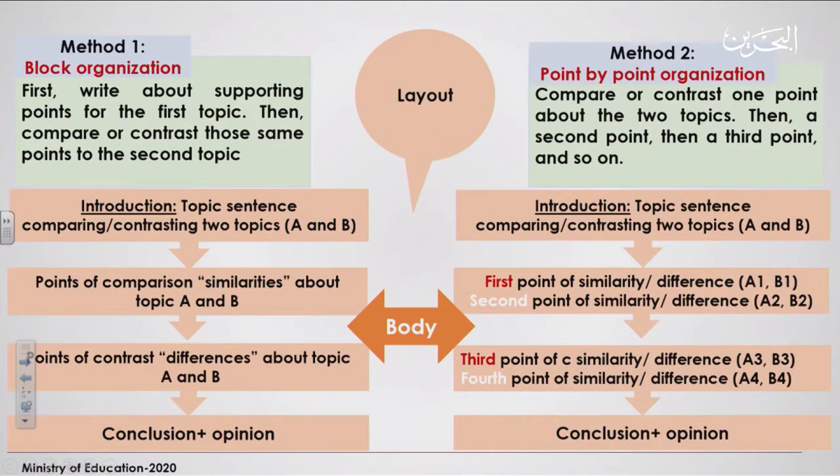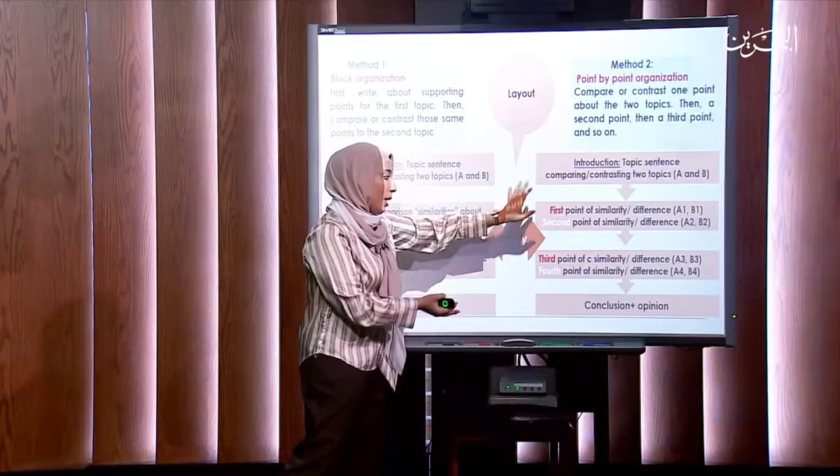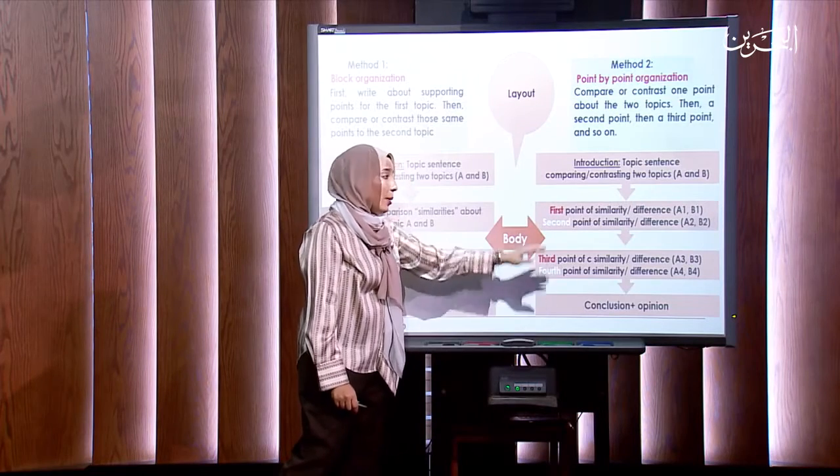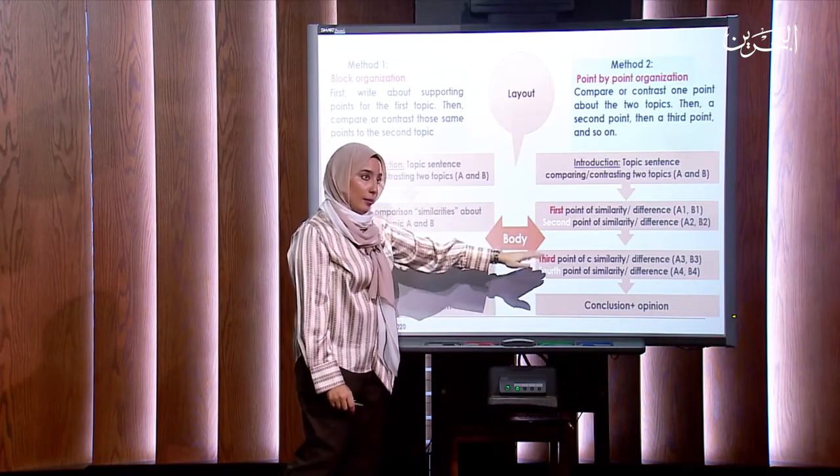Here, as paragraphs, I'll have a paragraph of introduction, a paragraph of similarity, a paragraph of differences, and then the conclusion. Whereas in the point by point, a paragraph of the introduction, similarities and differences merged. So I'll mention one, let's say plus one minus, and then the conclusion. But here I state them as points.